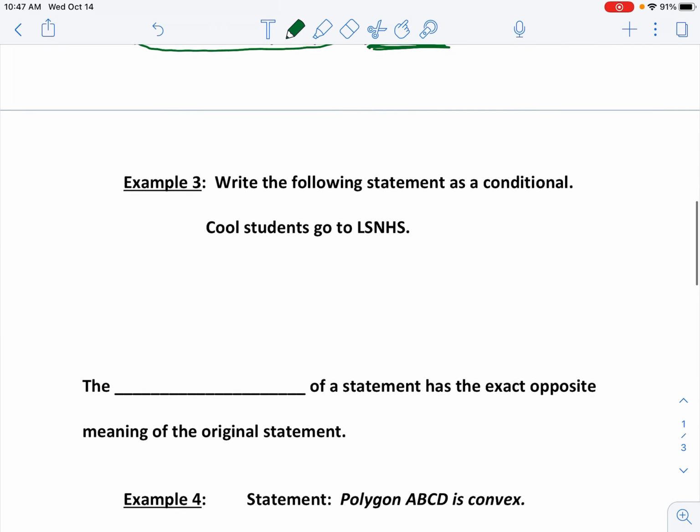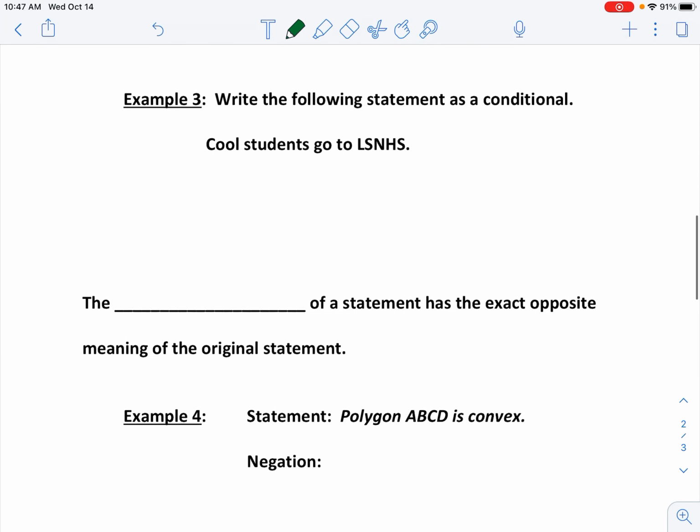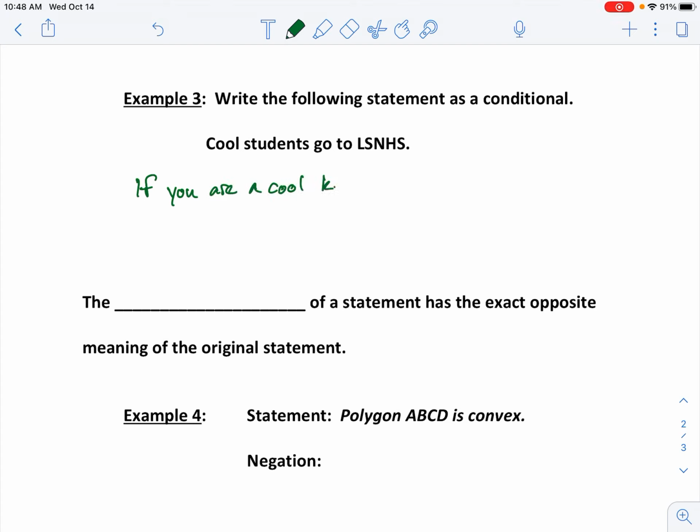Now we're going to have some practice writing a conditional statement. So here's a statement: cool kids go to Lee's Summit North High School. If we want to write this as a conditional, we're going to put it in if-then form. So we're going to say, if you are a cool kid, then you go to Lee's Summit North High School.